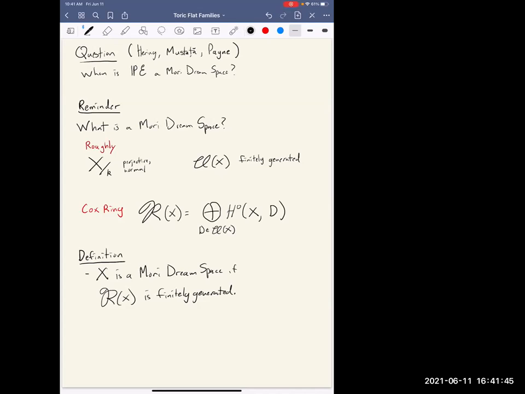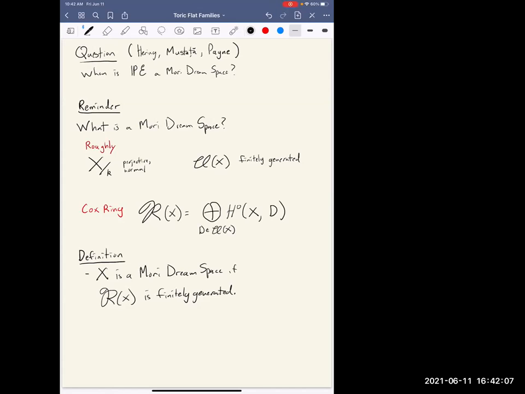So one takes a projective normal variety with a finitely generated class group. You select a generating set for that class group, and that allows you to define a Cox ring, which is like the universal coordinate ring of the variety. And you want to know, when is that finitely generated? And some nice things happen when it is finitely generated. It's a thing you want to know.